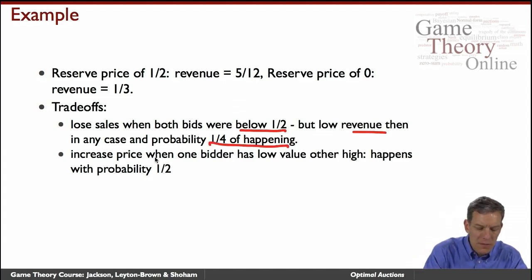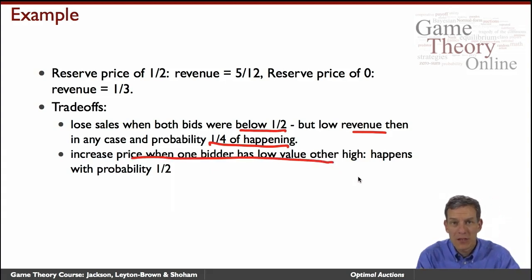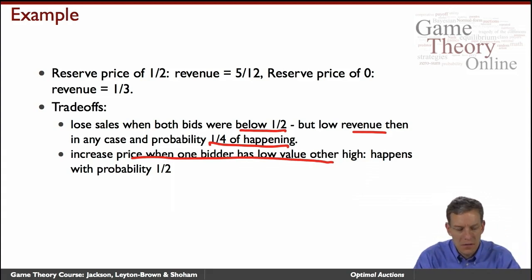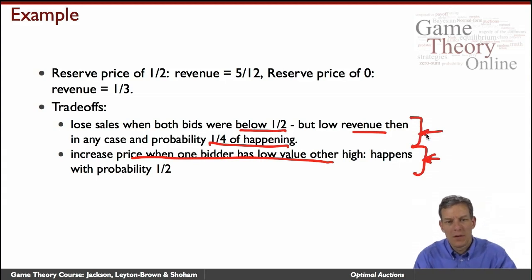You increase the price when one of the bidders was low and the other one was high, and that actually happens with a probability of 1/2. And so in this case, increasing that reserve price led to higher revenue because the increase you got from here more than offset the decrease you got by losing sales when both bids happen to be low.